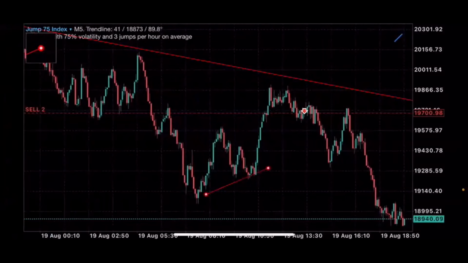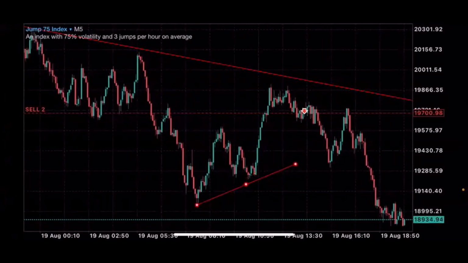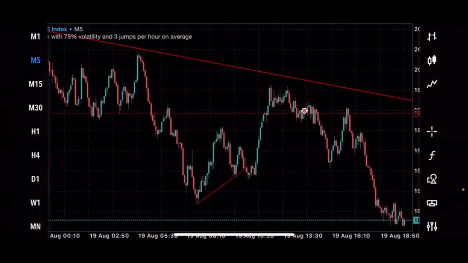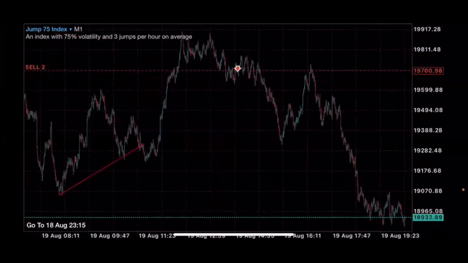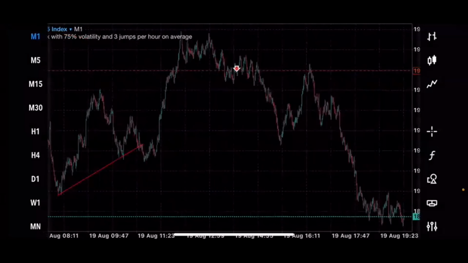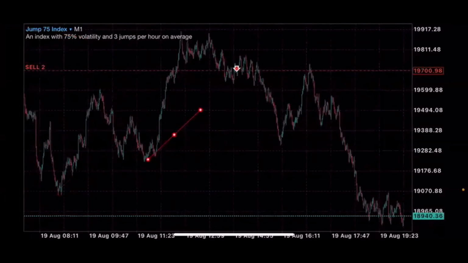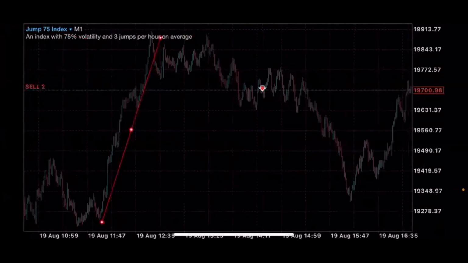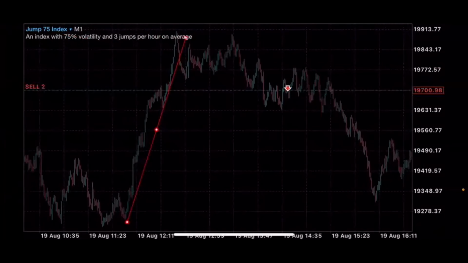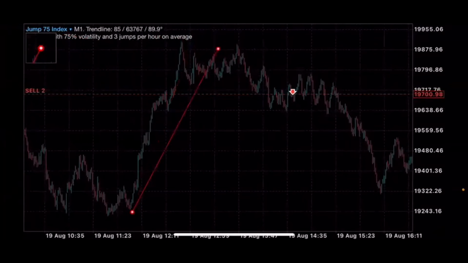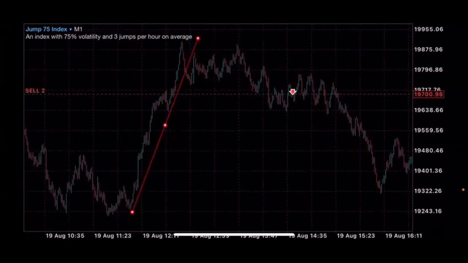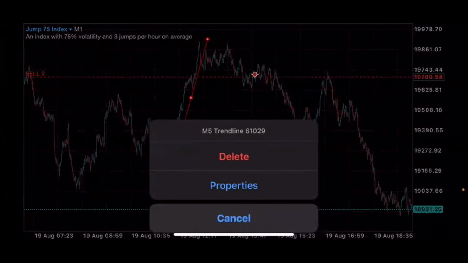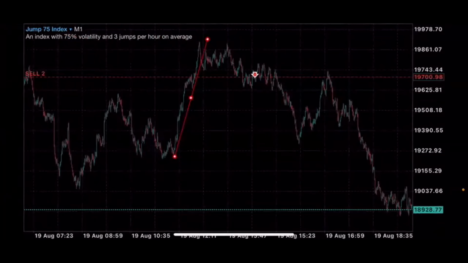I can decide to go like this. Let me go to M1. And as well use M1 sometimes when trading. There was a trend here. And that trend we tested here. The smaller time frame is telling you the same thing, that this market is ripe for it.